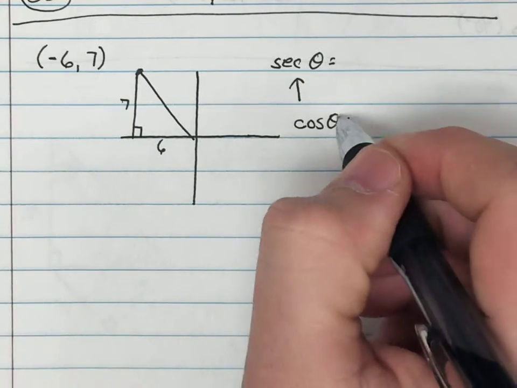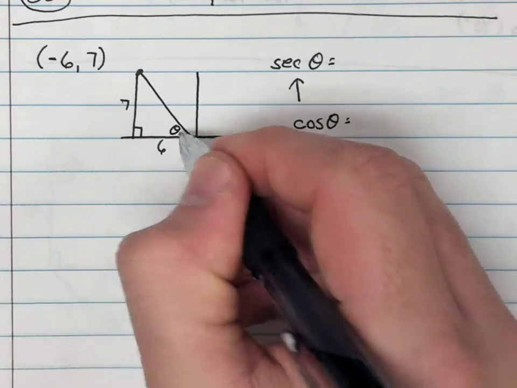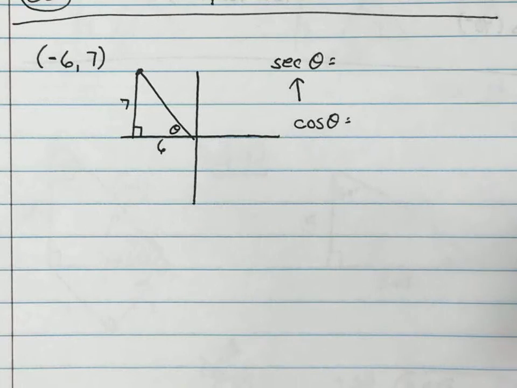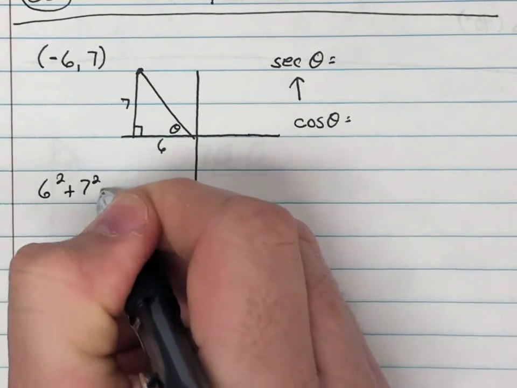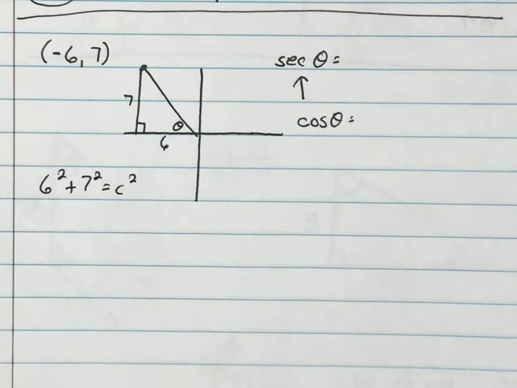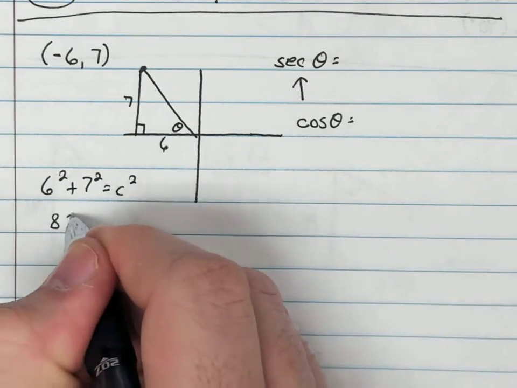So again, looking for cosine to begin with, here's my angle. That's my reference angle, is where you always put your angle. Adjacent over hypotenuse, we have no idea what the hypotenuse is. A squared plus b squared equals c squared. You're going to get really good at Pythagorean theorem over the next couple of years. 36 and 49, I think that's 85.